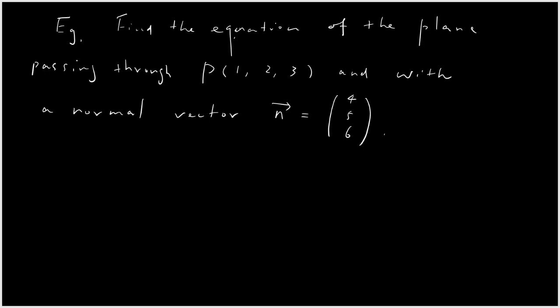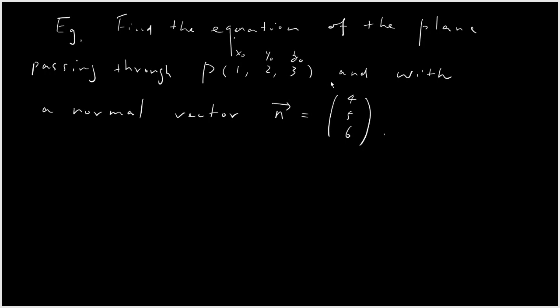Now you look at the conclusion and try to compare it with the notations. P is a given point, a point on the plane. In the formula, the notations are x naught, y naught, z naught, right? So x naught is 1 in this particular case, y naught is 2, z naught is 3.